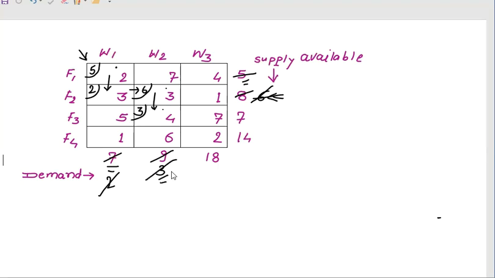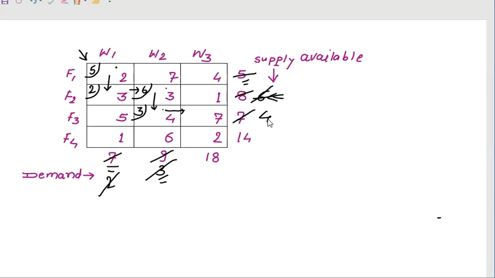So we allocate 3 units out of 7. So still 4 units left, and whenever some quantity is left at the factory, we move to the right hand cell. Now there is no requirement. Total requirement is 9 and all 9 units are transported. Out of 9, 6 are transported from F2 and 3 are transported from F3.